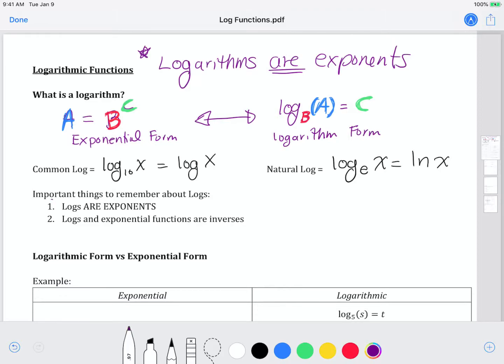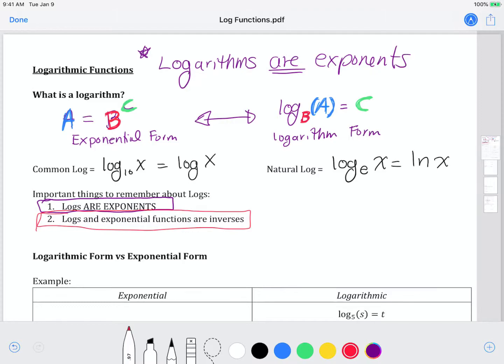Okay, so we talked about this. Two very important things to get out of this section. First one, logs are exponents. It's just a different way that we're not used to writing it down, but that's what you have to drill into your head. If I ask you to find a logarithm, you're finding an exponent. The second thing is that logs and exponential functions are inverses.